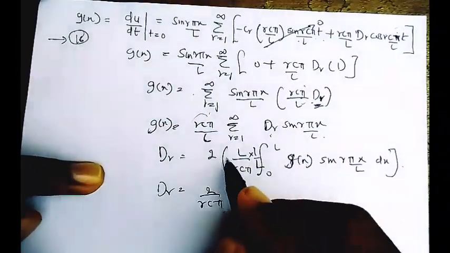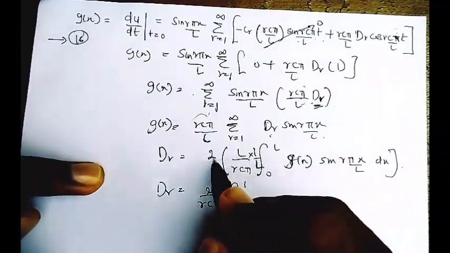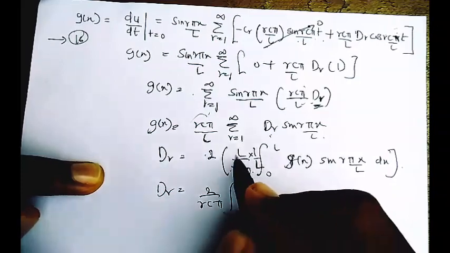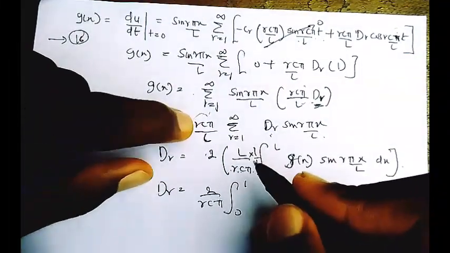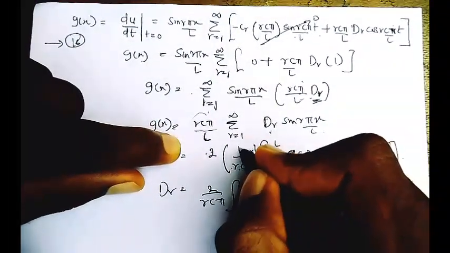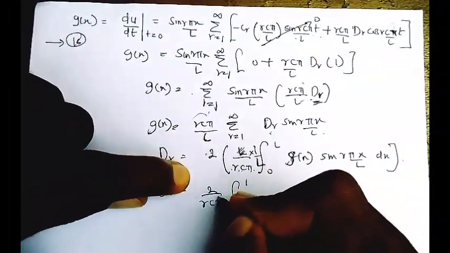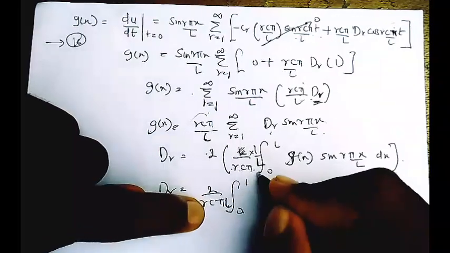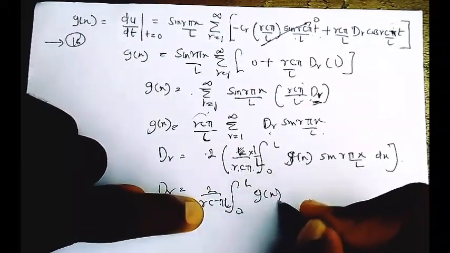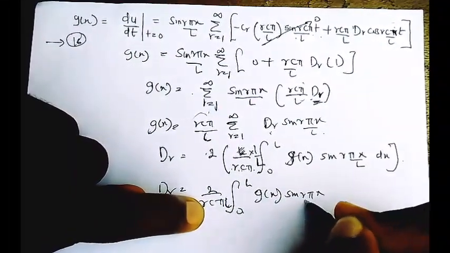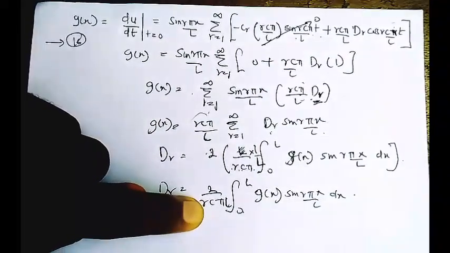To have 1 over l, I multiply by 2 over r c pi. Since I'm already having 1 over l here, I just need to cancel. So I'm just going to be having 2 over r c pi l, integral from 0 to l of g, a function of x, sine r pi x over l dx.